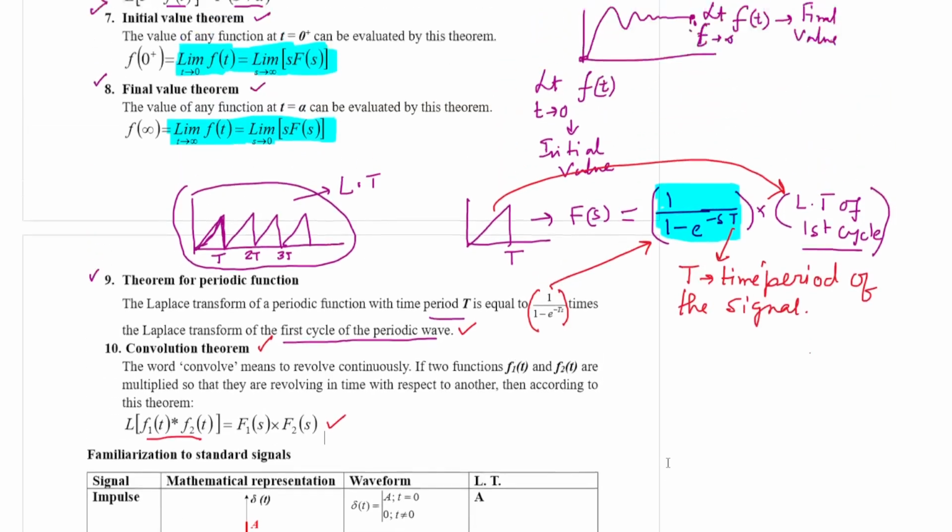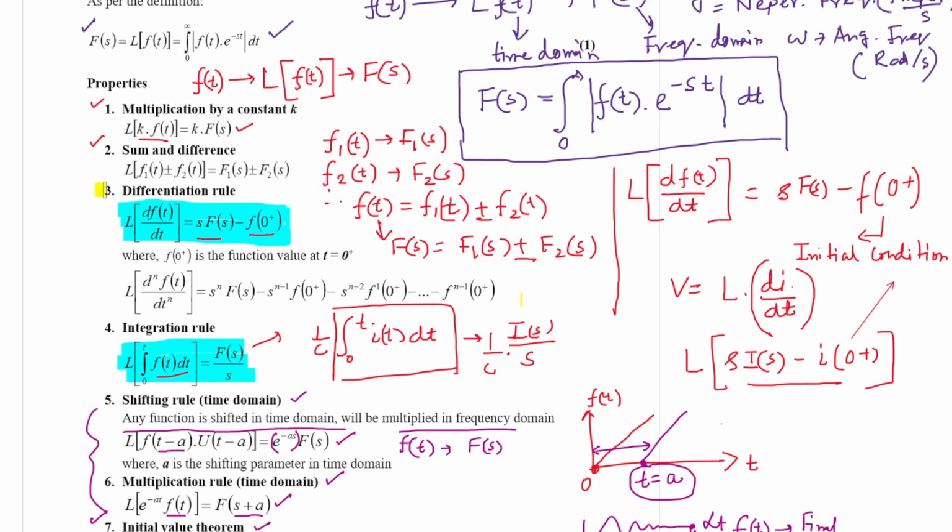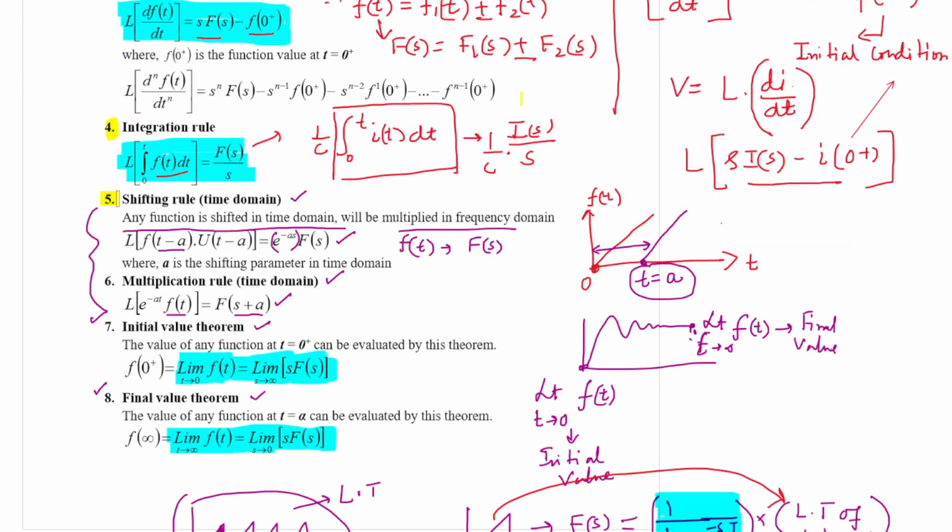So we have discussed a few important properties. Out of these properties, from our experience, property number 3 and property number 4 are extremely important, and you can get some very important applications. Properties 5, 6, 7 and 8 are important.